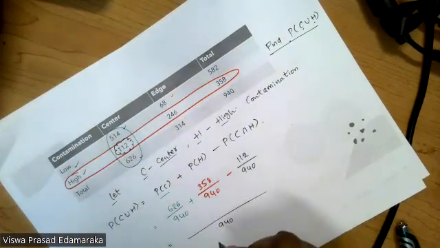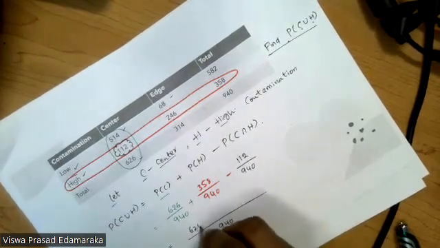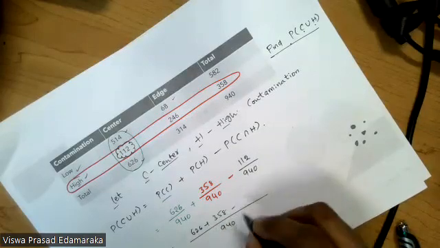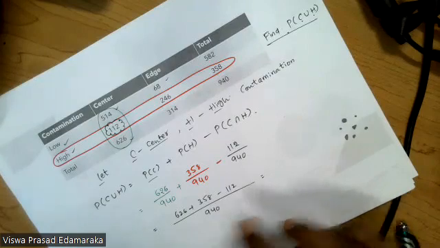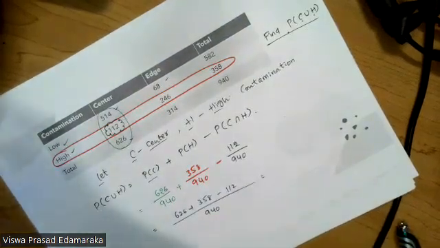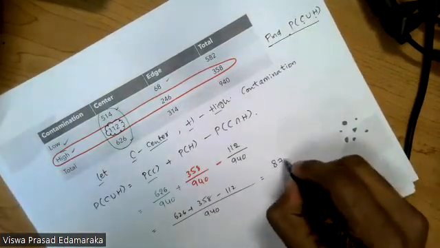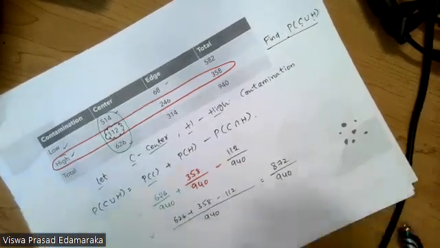So 626 plus 358 minus 112 will give, one second, how much? It's 872 by 940.